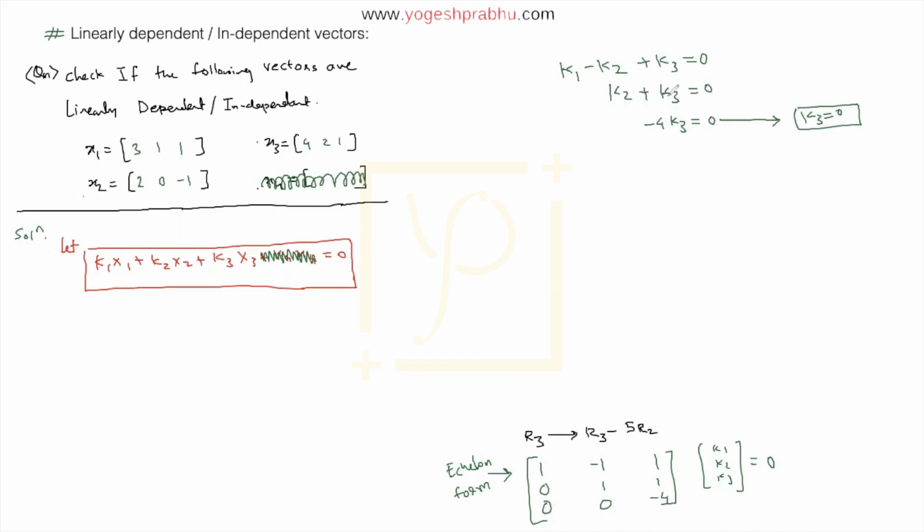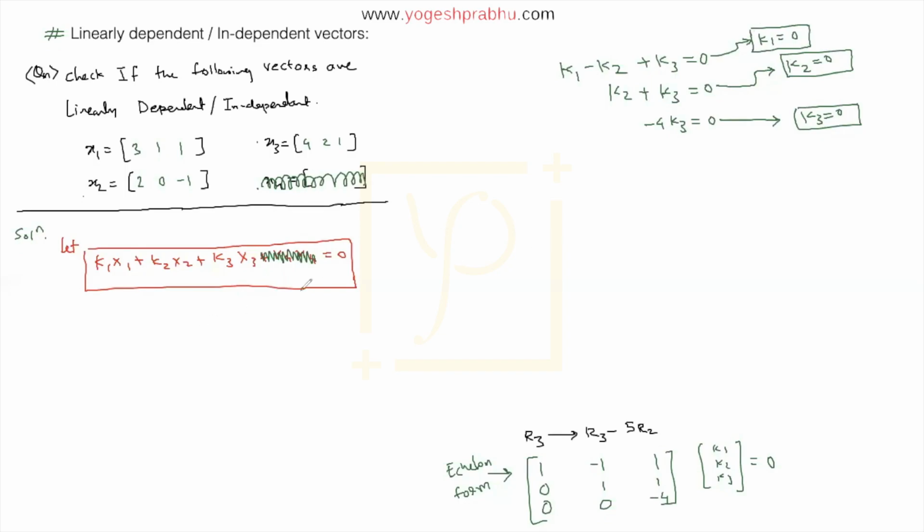Now I'll put k3 equal to 0 in this, and when I put k3 equal to 0 here, k2 is also 0, right? And since k3 and k2 both are 0, k1 is also 0. So from the first equation, I get k1 is also 0. So all the coefficients here are 0.